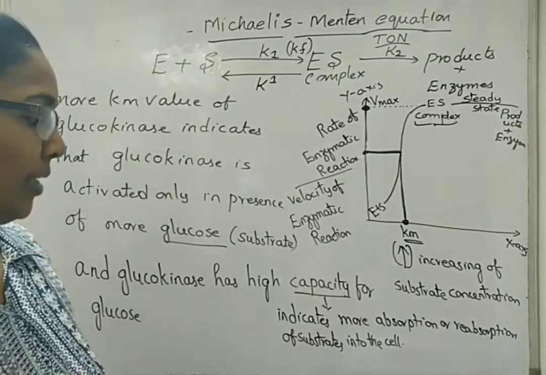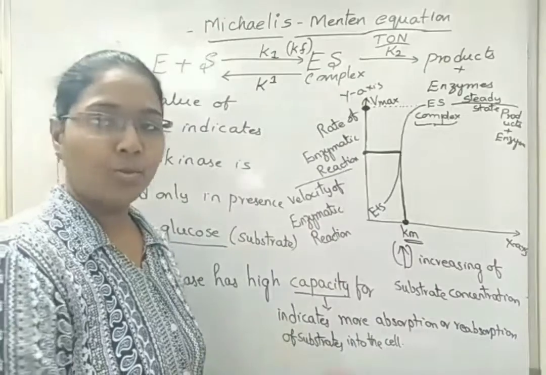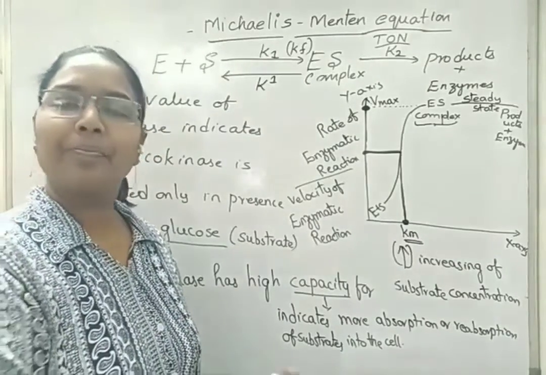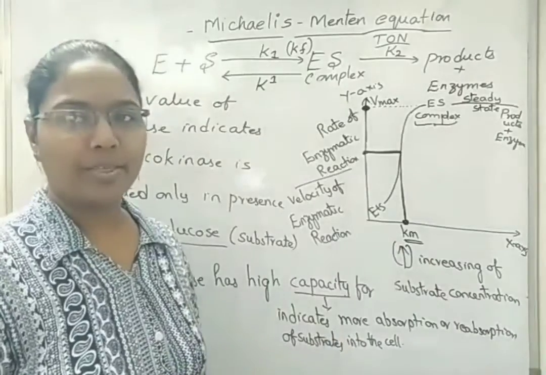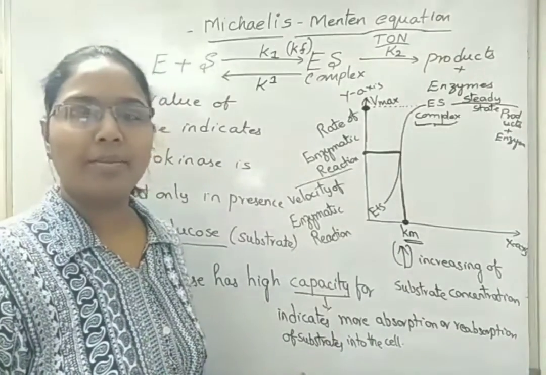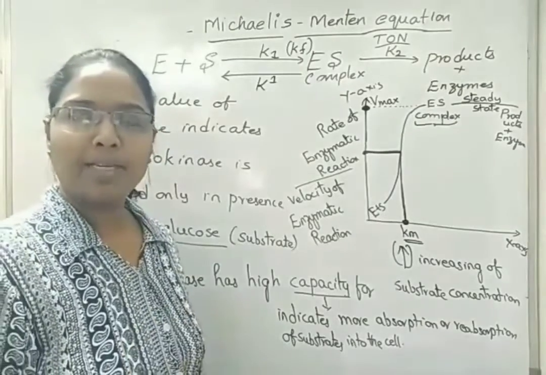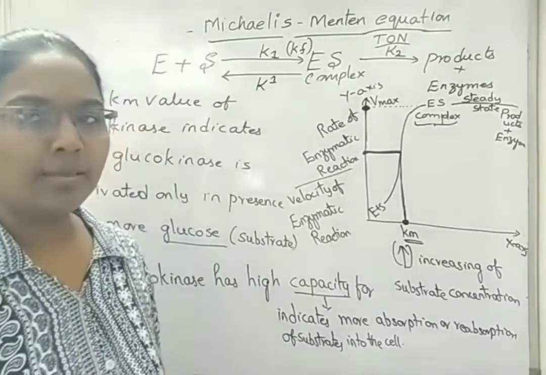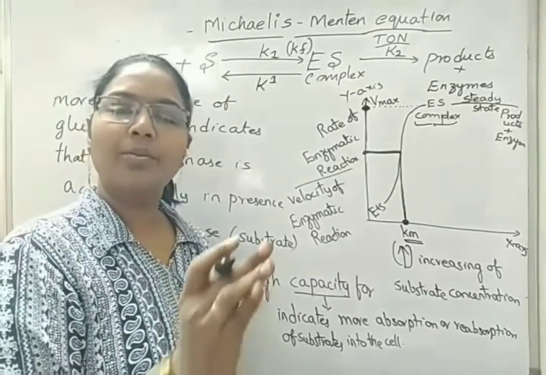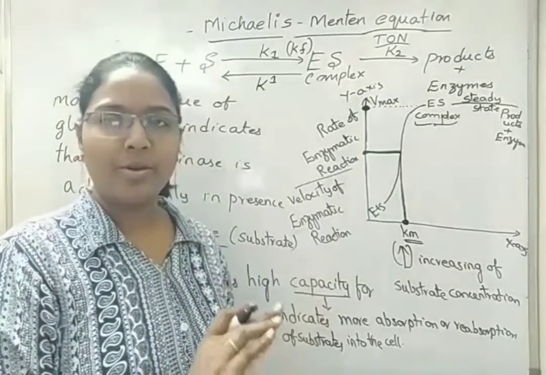So there is a difference between the affinity of the enzyme towards the substrate and the capacity of the enzyme towards the substrate. Here, during affinity, no support is given by any carrier particles or carrier proteins in the blood or in the cell. Directly, substrates like glucose will come and bind to the active sites of the enzymes.